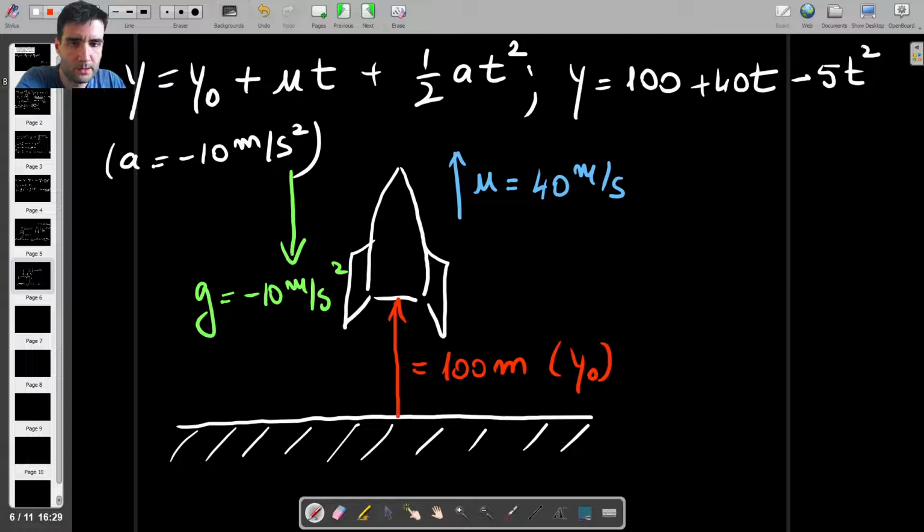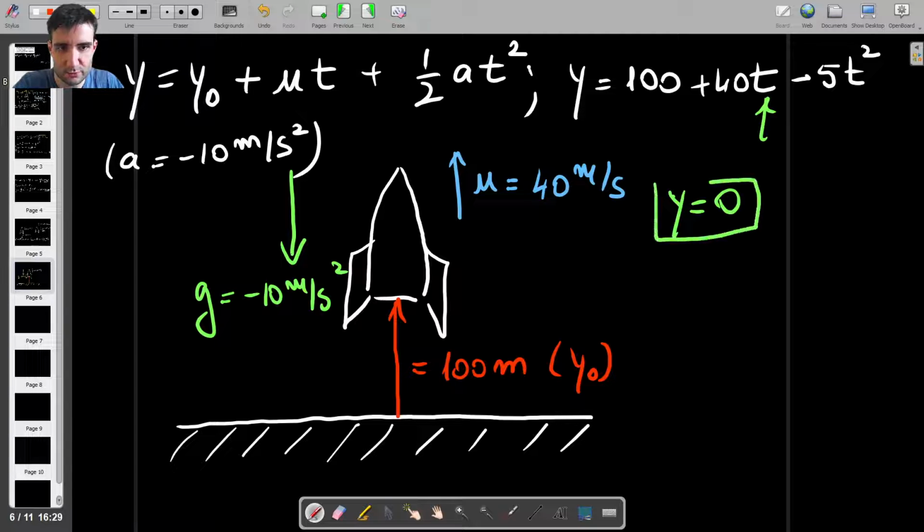Okay, right, so this is the time measured from the moment the rocket runs out of fuel. So to find the total airtime of the rocket, we basically have to measure the time until the rocket hits the ground. So when the rocket hits the ground, that's when the y of the rocket is going to be equal to 0.